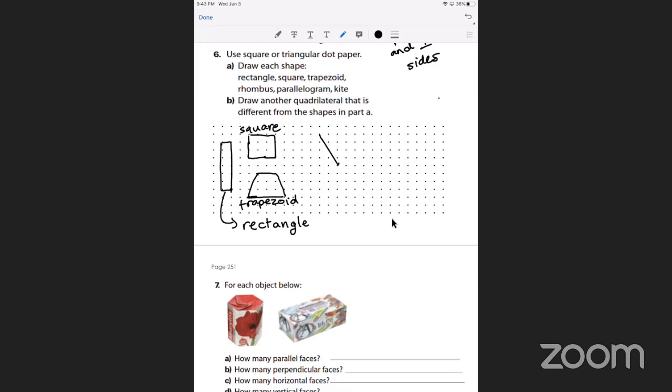So a rhombus is a square that's been tilted. I'm trying to draw it exactly as I can. So that's a rhombus. And a parallelogram is this.